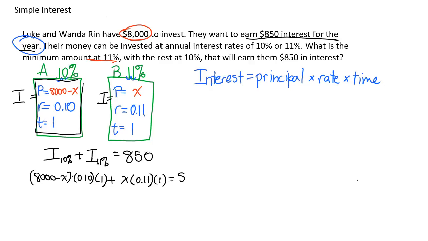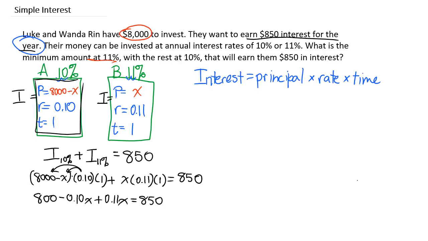And we know that that will equal $850. Now we distribute this through, and we get 800 minus 10 hundredths X plus 11 hundredths X equals $850.